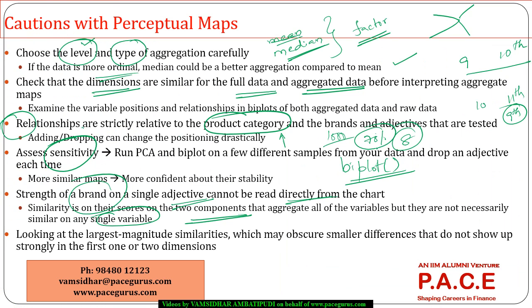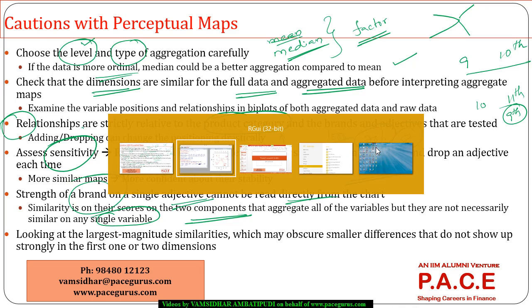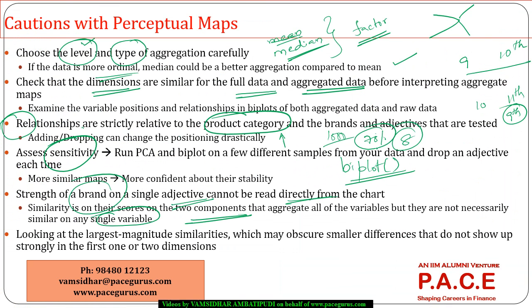And the major thing is when I am looking at the largest magnitude similarities, I may ignore the smaller differences that are existing between them because here we are only looking at component 1 and component 2 and we are not going beyond that. So we have to really understand that that is a limitation that we are talking of. We are only looking at a big picture, but in the process we don't mind really omitting a few of the variables as well.